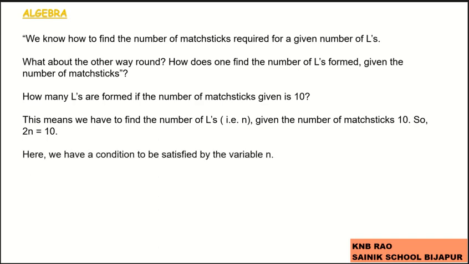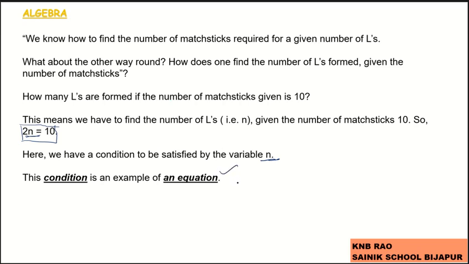Here we have a condition to be satisfied by the variable n. Here the variable is n. So this condition, 2n equals 10, is to be satisfied by that variable. This condition is an example of an equation.